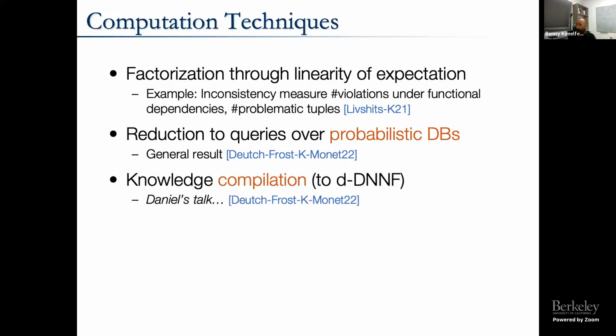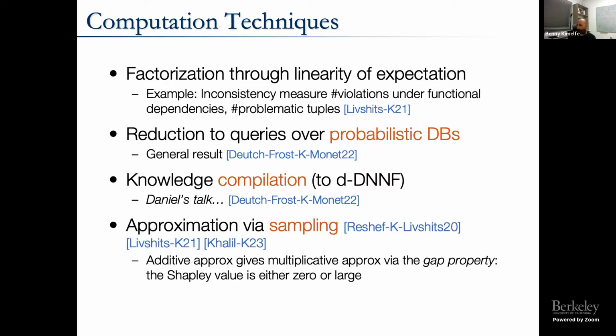And Daniel talked about knowledge compilation to DNNFs, and their book also talked about it this week. And of course, if you use an expectation or probability, you can also do sampling.